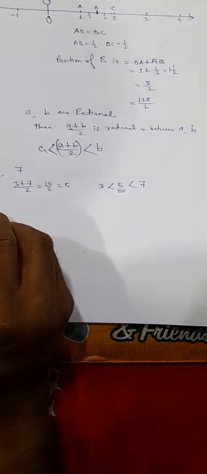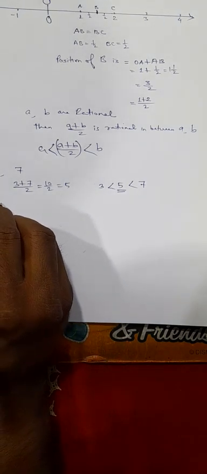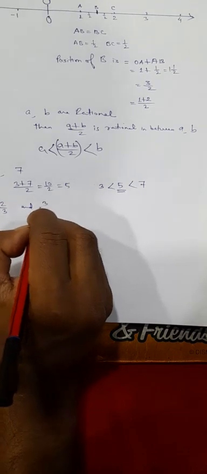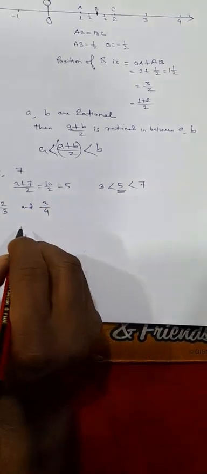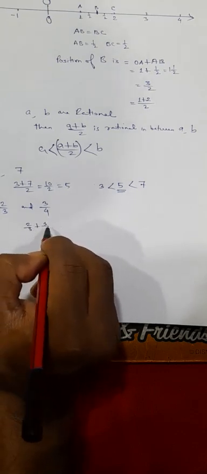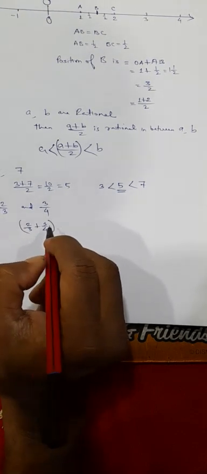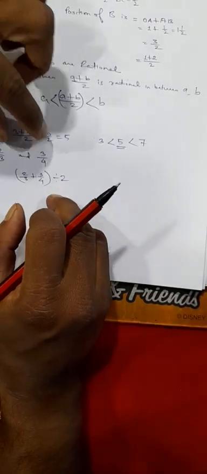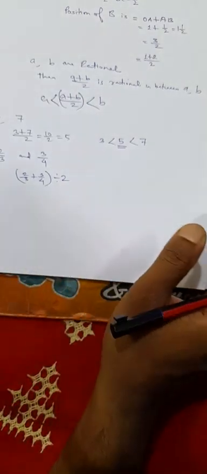Now think about fractions. Say for example 2/3 and 3/4. Now you find the sum of 2/3 plus 3/4. Then you divide this by 2. Then you get a rational number in between these two fractions. Now let's check.